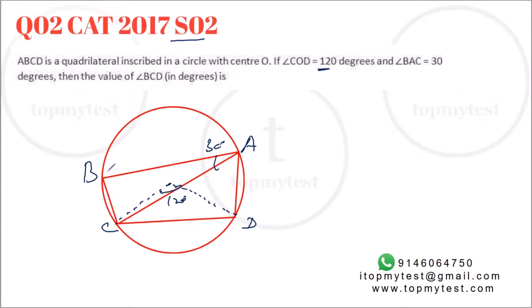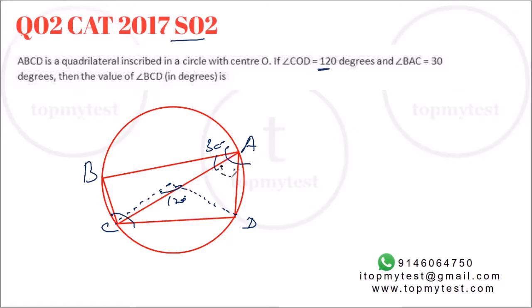Now, we know because it's a cyclic quadrilateral, angle BCD plus angle BAD will be equal to 180 degrees. Opposite angles add up to 180 degrees. So if you find this angle CAD, then you can add 30 to this, and 180 minus that will be the angle BCD.